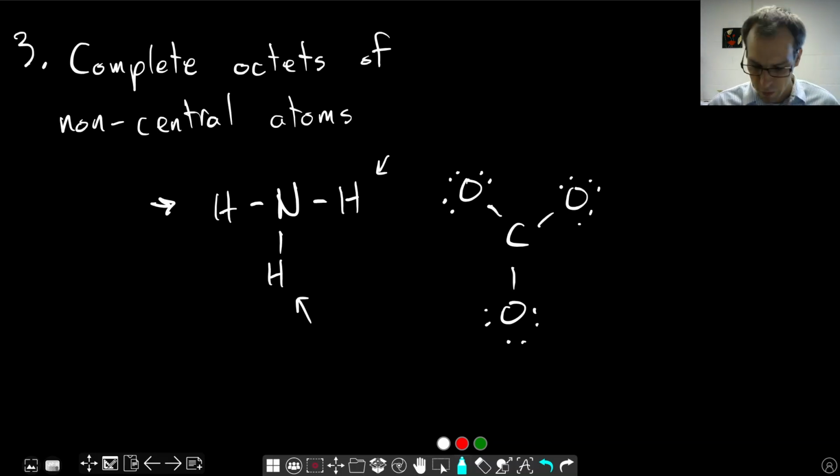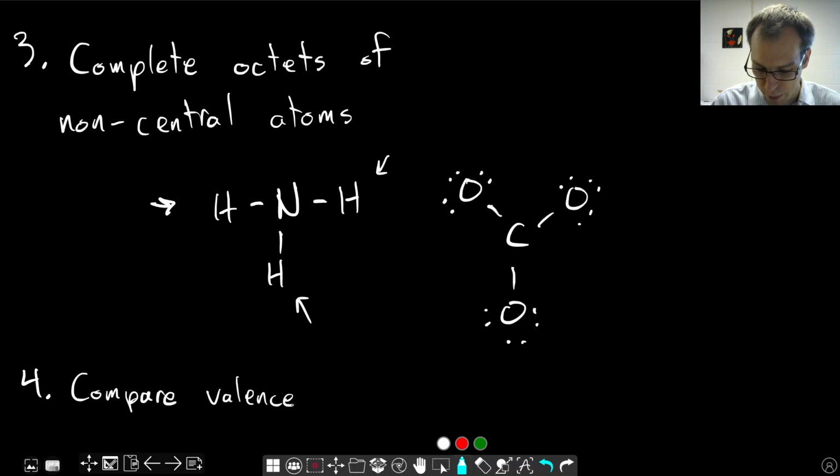All right, step 4. Compare the number of valence electrons in the Lewis structure at this point to the total from step 1.